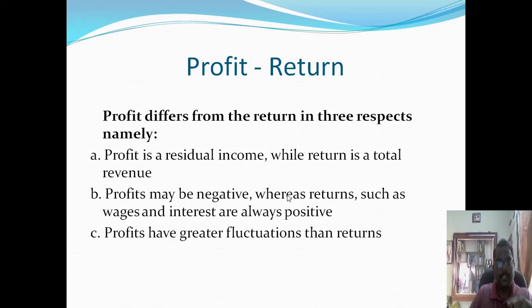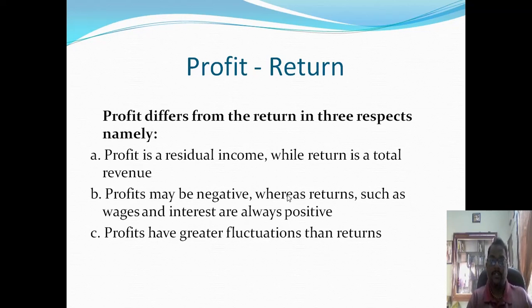In the second aspect, profits may be negative, whereas returns such as wages and interest are always positive. If you are doing a business, you can get a profit or a loss. Profit means plus and loss means negative. But with return, if you are working, you are not going to lose anything. If I am a staff member of this college, coming and doing my work, and I take leave for one or two days, at the end of the month I still get a salary, some return.